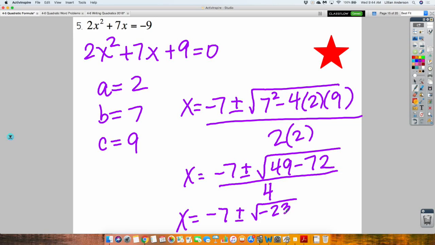Negative 23 over 4. You guys remember doing negatives underneath the square root? It's the i. So my final answer here, because 23 can't be simplified, can it? No. So it's going to be negative 7 plus or minus i square root 23 over 4.